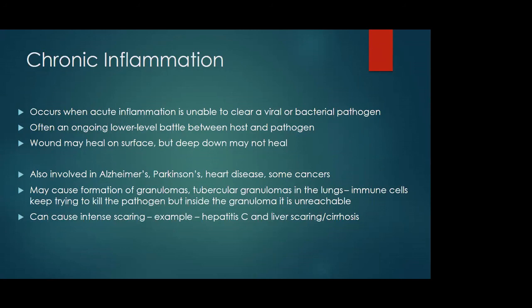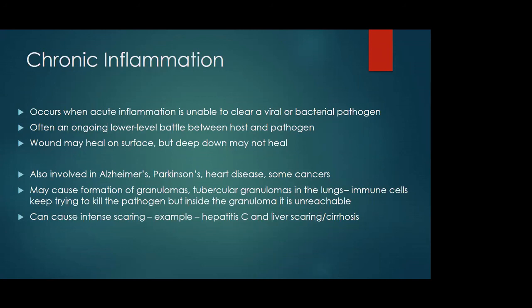So there's this low-level inflammation that happens. Chronic inflammation can help a wound, or chronic inflammation can also occur when a wound heals on the surface, but maybe not deep down inside all the way. So because it's not healed all the way, the body is still making some inflammation to try to get those repair cells there.